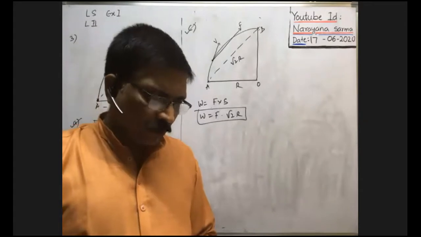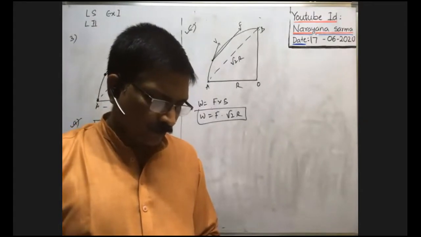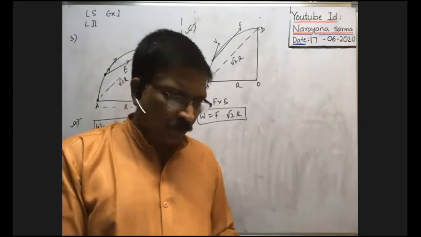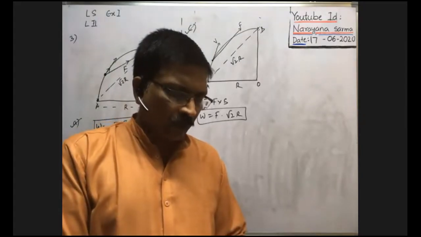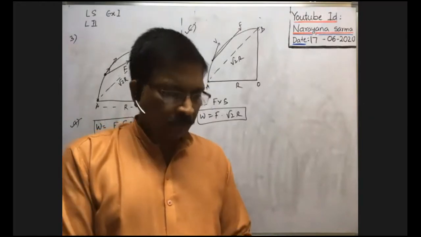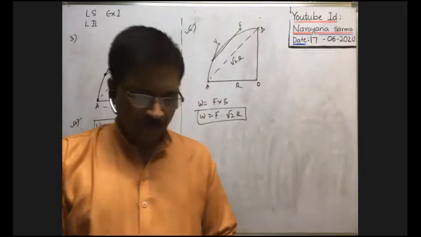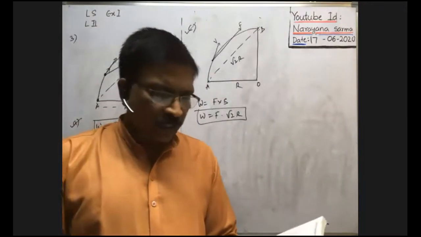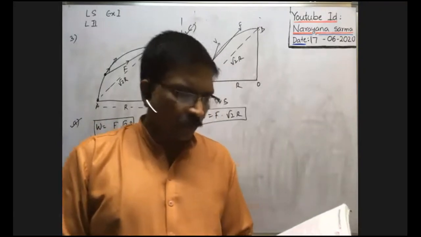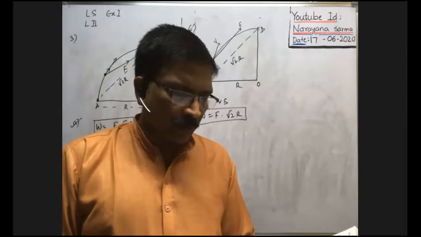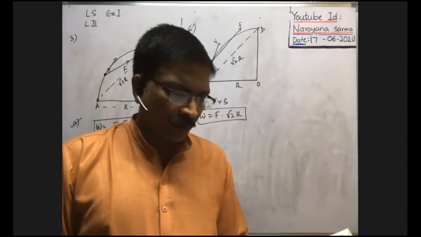You do the fourth problem. Okay, here in the fourth problem, it is given that work done by the force on the object is 0. In which case is work done by the force on the object 0? If the force is always perpendicular to the acceleration.